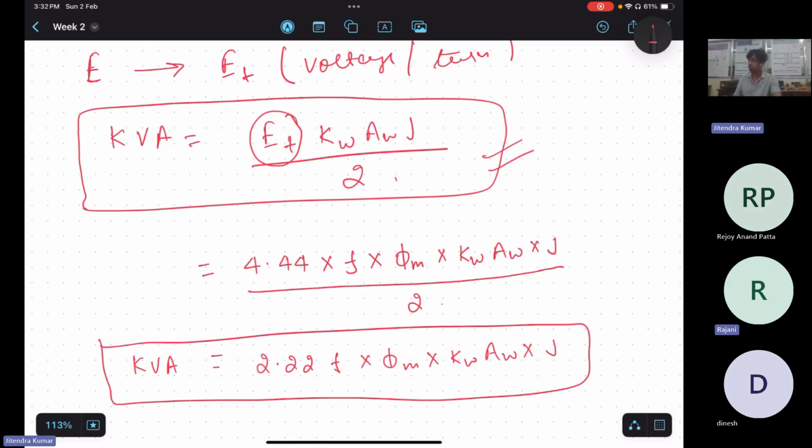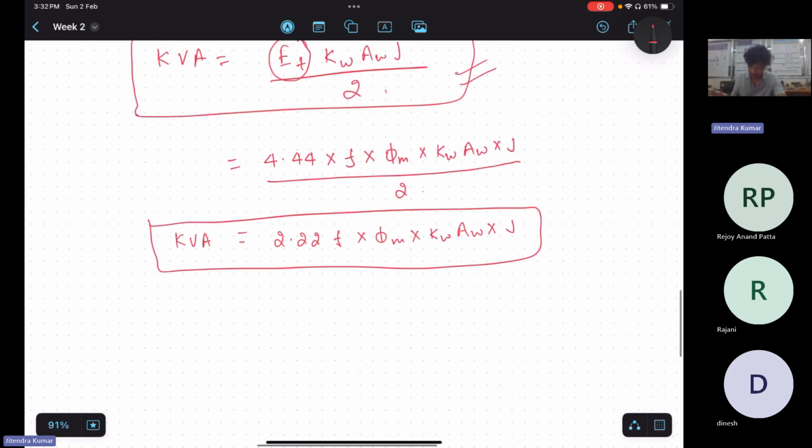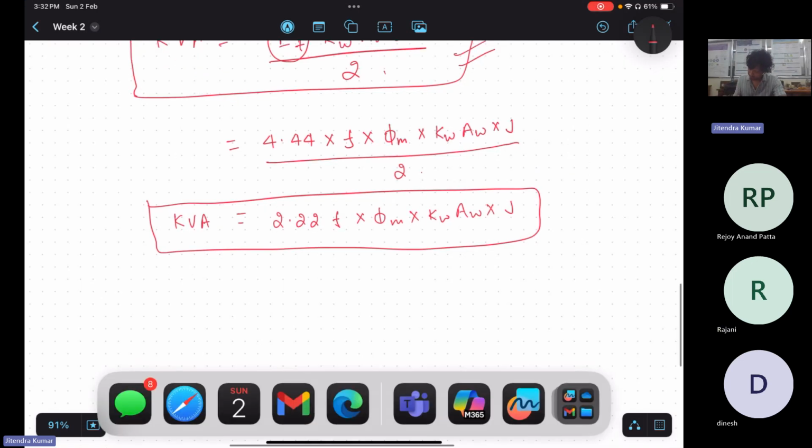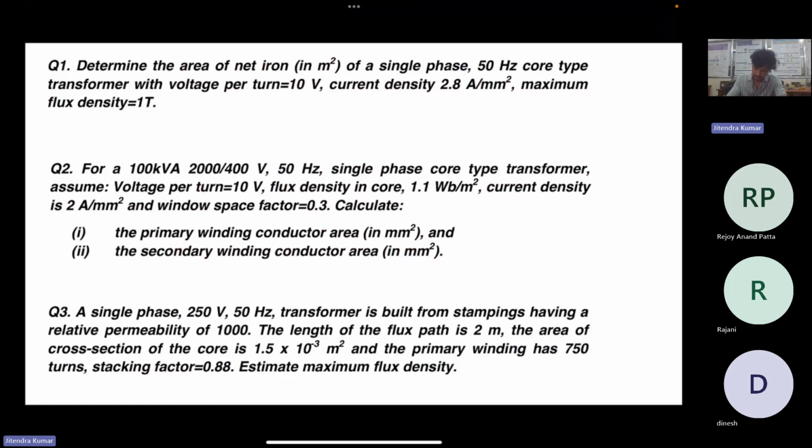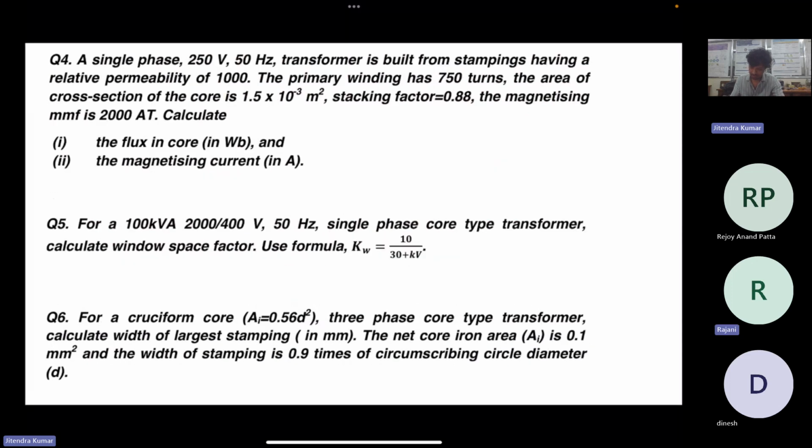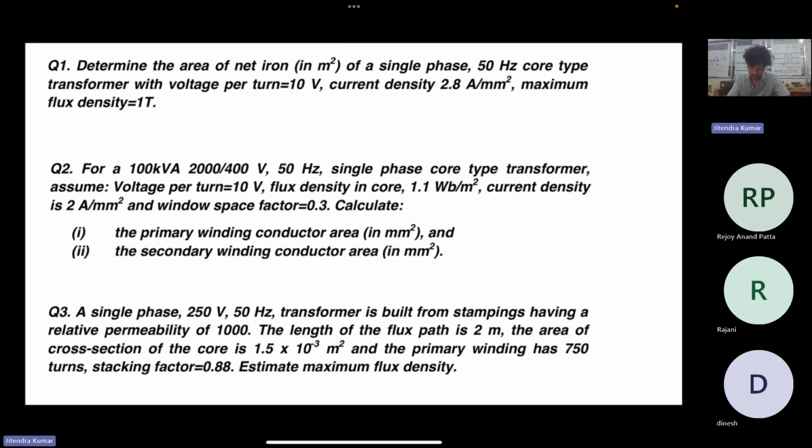Fine. So let us solve some problems first, since we have derived this much. The first problem: calculate the area of net iron of a single phase 50 hertz core type transformer, with voltage per turn given as 10 volt, current density given as 2.8 amps per mm square, and maximum flux density also given.